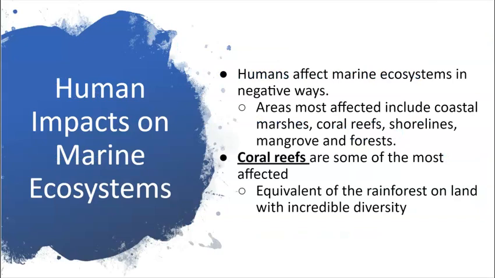So, how do humans impact marine ecosystems? Humans affect marine ecosystems in negative ways. The areas that are going to be most affected include coastal marshes, coral reefs, shorelines, and mangrove forests. Coral reefs are some of the most affected.